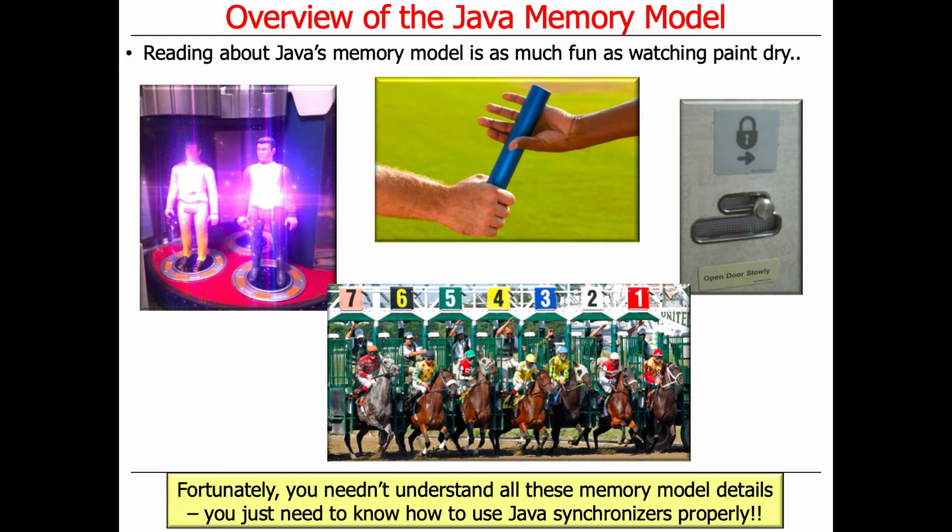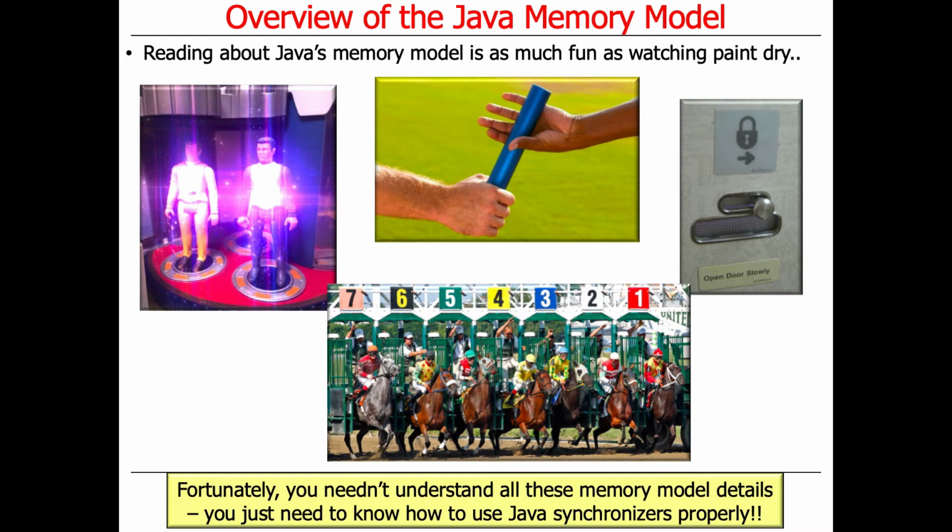As long as you use these synchronizers properly, for the most part, you don't have to know or care about all the subtleties of the Java memory model, which is good, right? This only becomes an issue if you're trying to be really cute and clever and super optimize your code. So as long as you don't do that, you'll be in good shape.